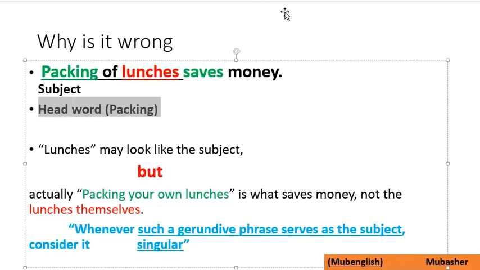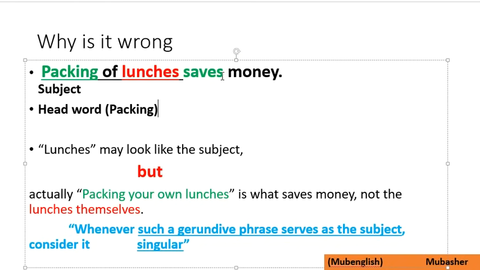So this is how we need to identify in the subject phrase, in the subject complete line which is used as a phrase, which one is the head word. If head word is lunches, then the verb will be used according to lunches. If head word is packing, then the verb will be used according to packing.